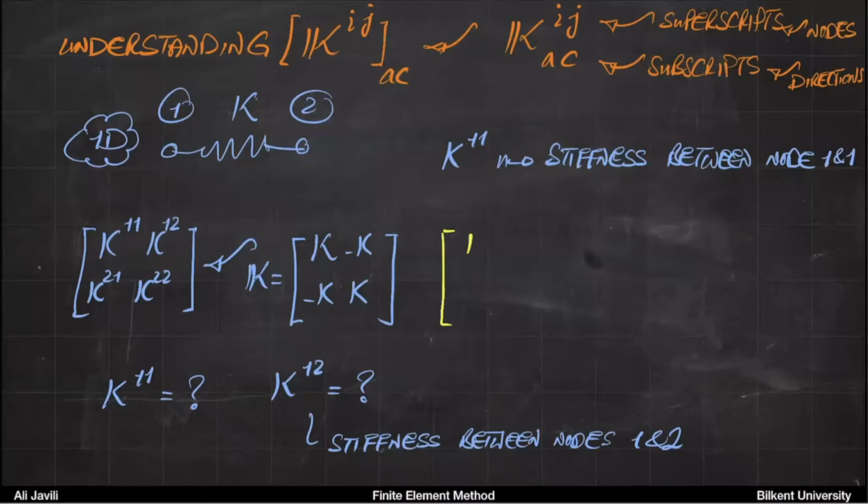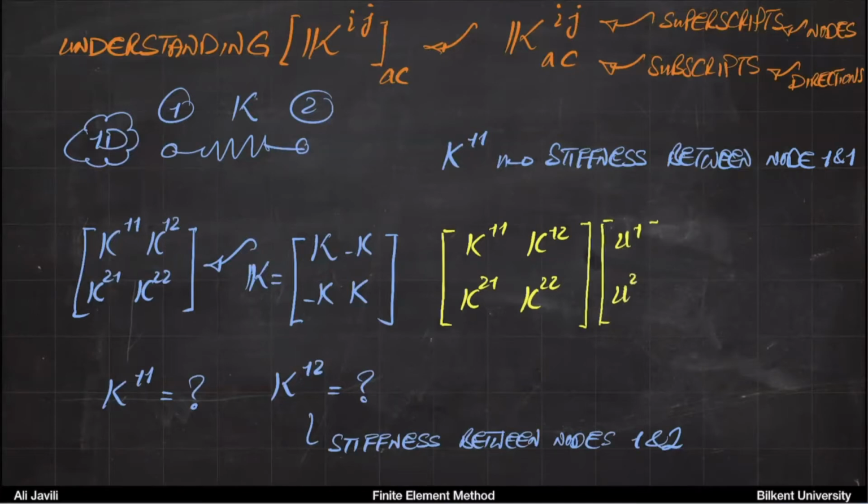So if I say this is K11, K12, K21, K22, and now we write the system together with the displacements. So this would be U1, this is U2, and then F1, F2.